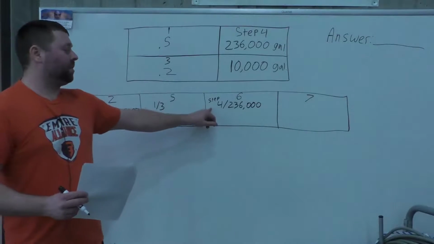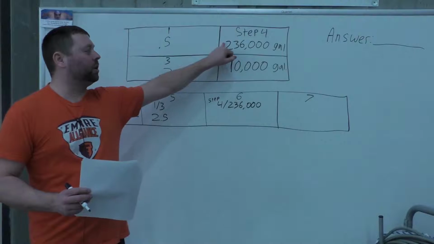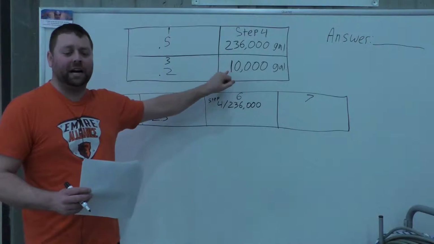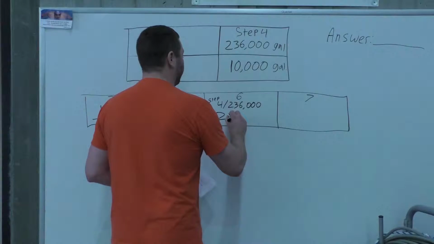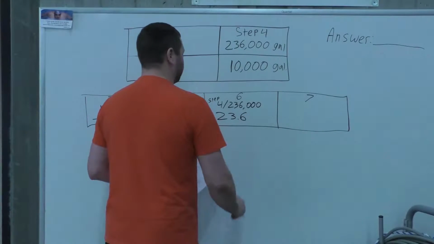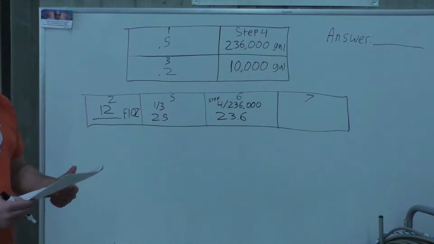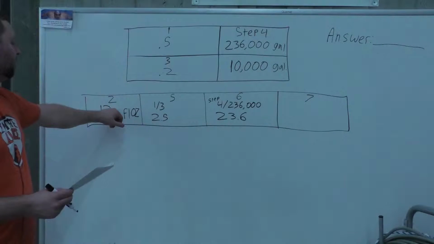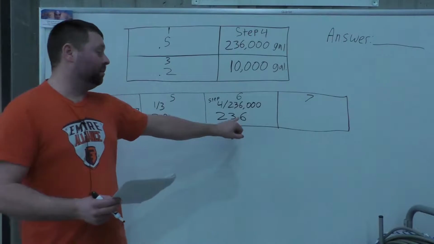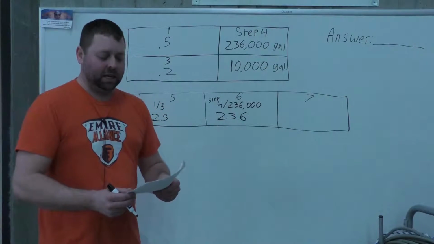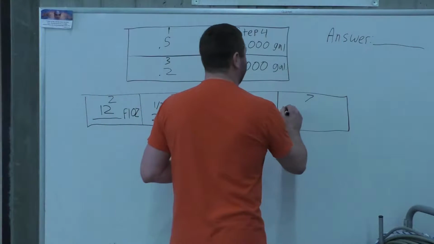The next step, step number 4, we're going to take 236,000 divided by 10,000, and we come up with 23.6. Now at this point in time, we're going to take 12 times 2.5 times 23.6, and we're going to come up with 708.